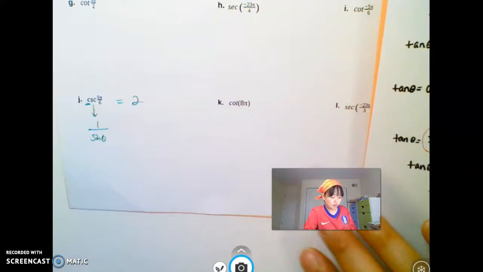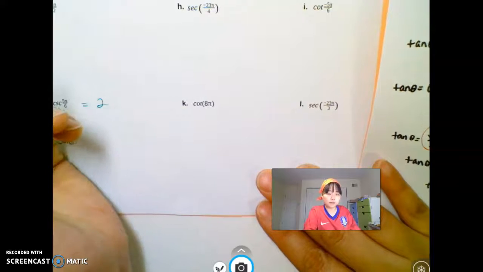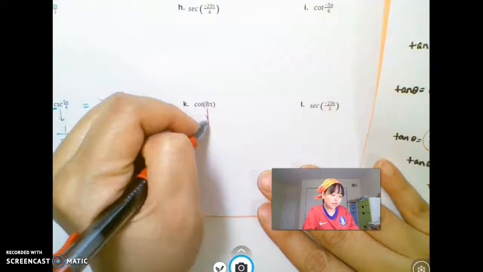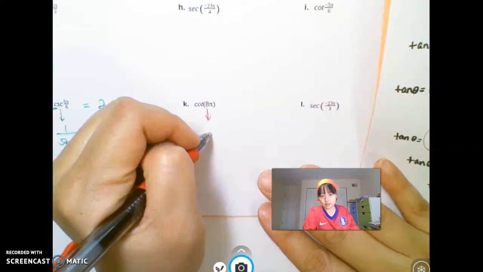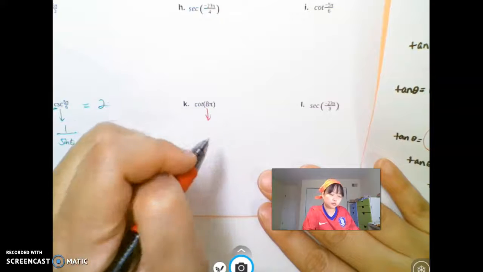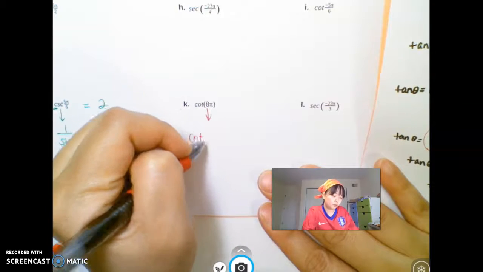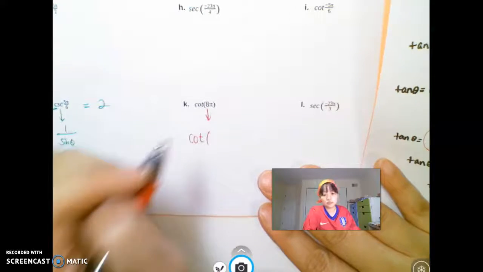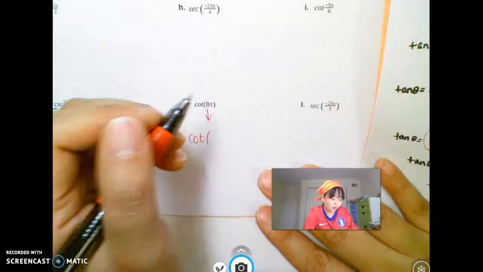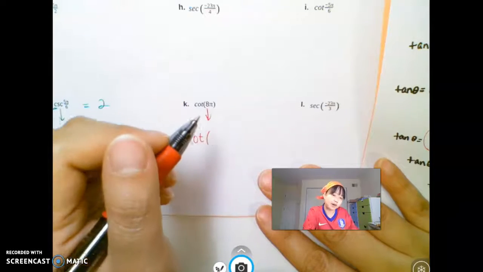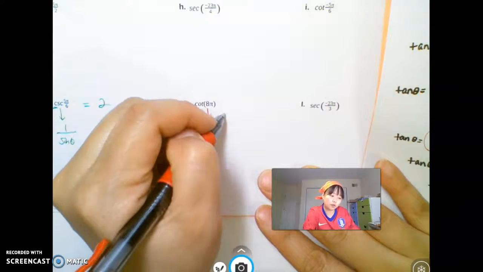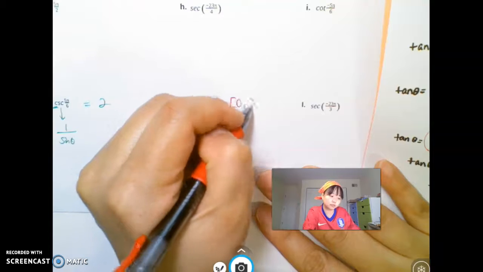Fine. Next, cotangent at 8 pi. 8 is way too big, it's over 2. So you have to do the whole coterminal: 8, subtract 2, subtract 2, subtract 2, subtract 2. 8 is not between 0 and 2, right?